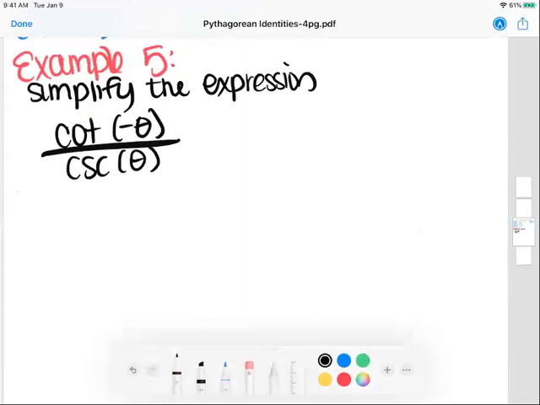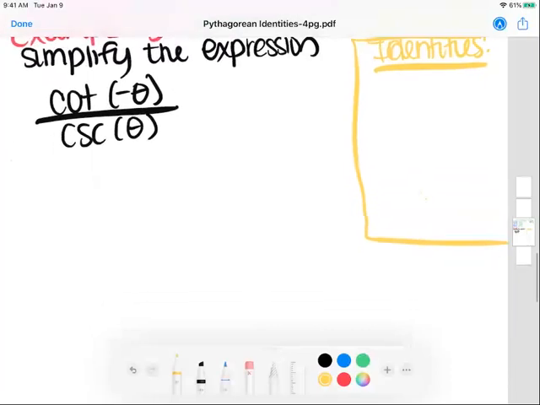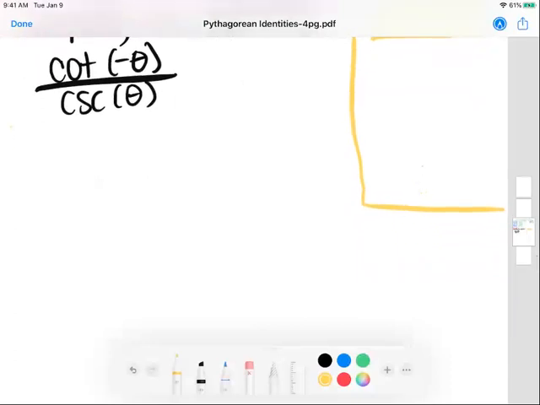Okay, so I'm going to make my toolbox over here of my identities that are helpful that I'm going to use. We're going to have to use all of the things we've learned so far to simplify this into one single trig expression. So I'm going to start with the numerator, cotangent of negative theta.